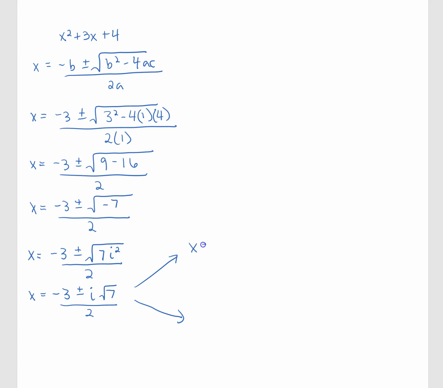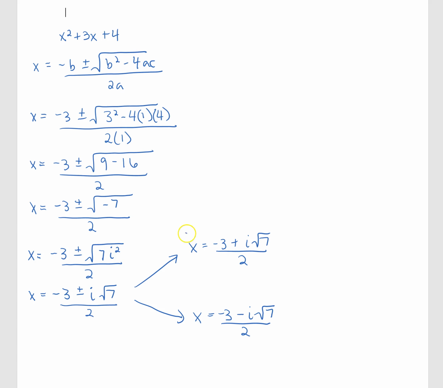So what we have is x equals negative 3 plus i times root 7 over 2, and x is equal to negative 3 minus i times the square root of 7 over 2. And so those are the two solutions from this side of our equation.